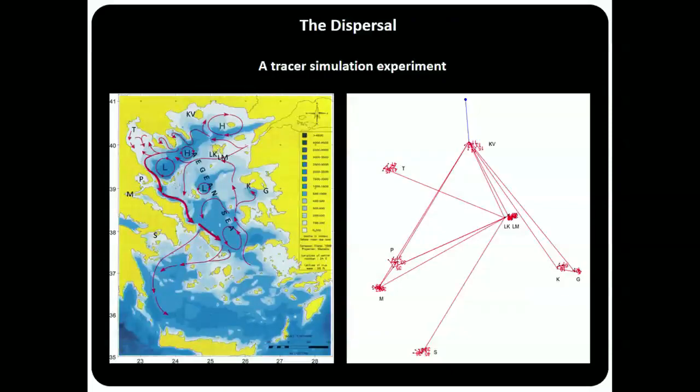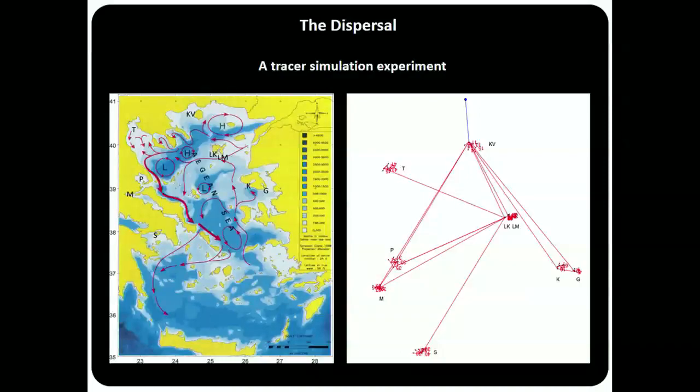We established this information through a tracer simulation experiment whereby a parcel of water is released in a gulf, and we measured its probability to go into a different gulf based on the hydrodynamic circulation of the Aegean Sea, which is mostly governed by surface winds rather than thermohaline circulation.